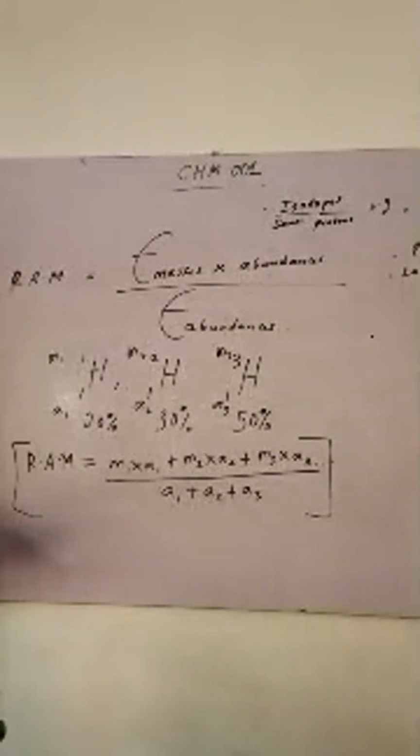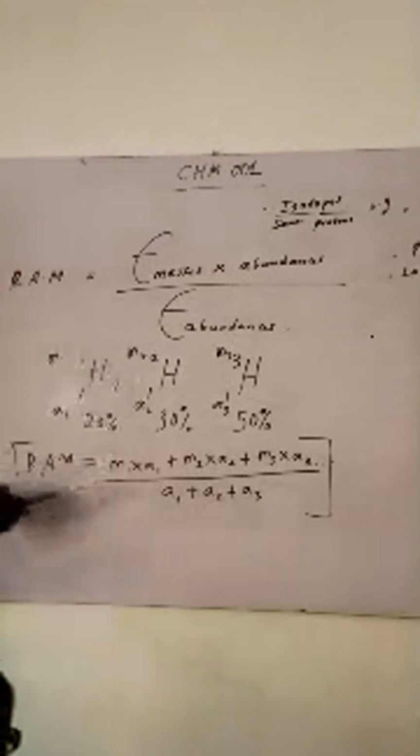This will give me the relative atomic mass, and that is the formula. It continues depending on the number of isotopes you have. You can put these values there to check, or we'll solve more questions on that.